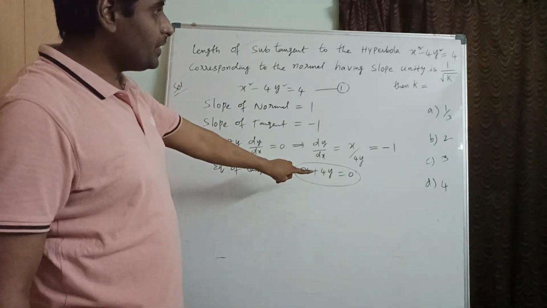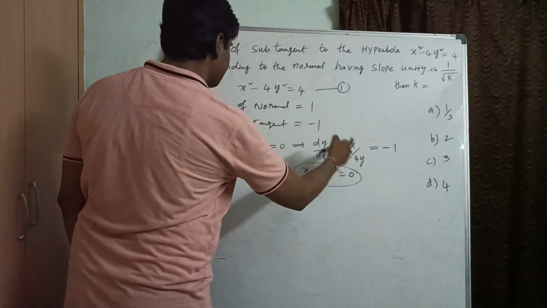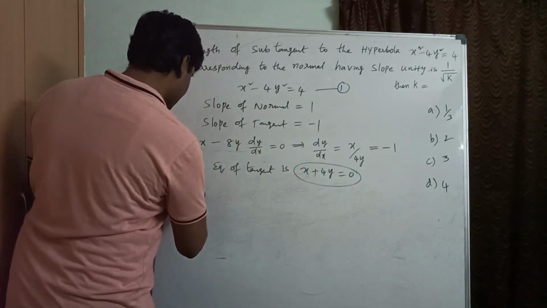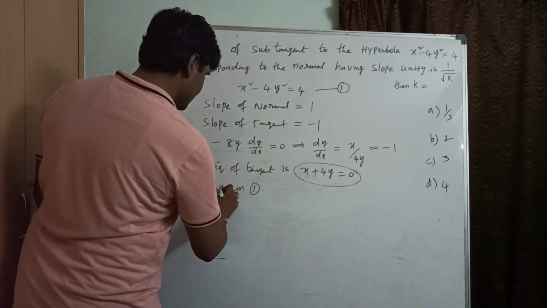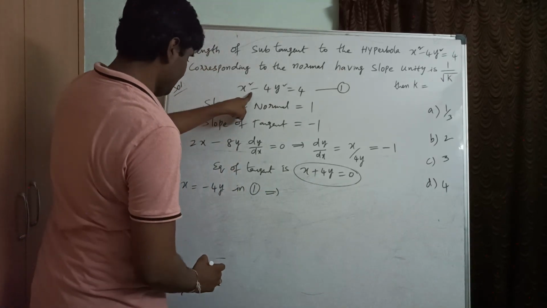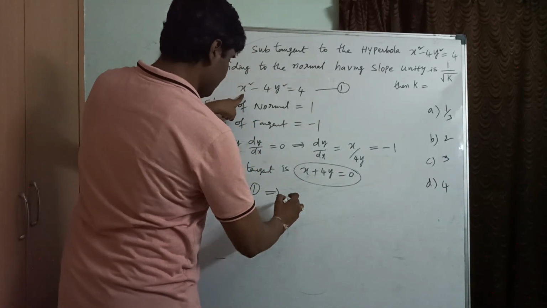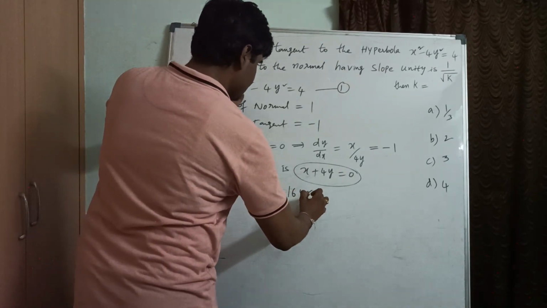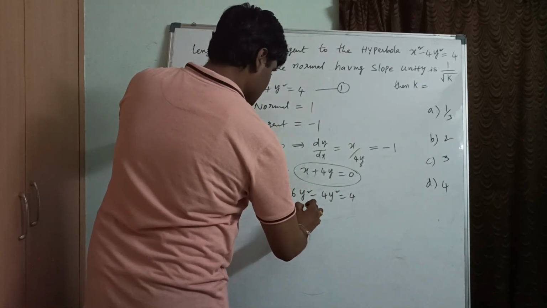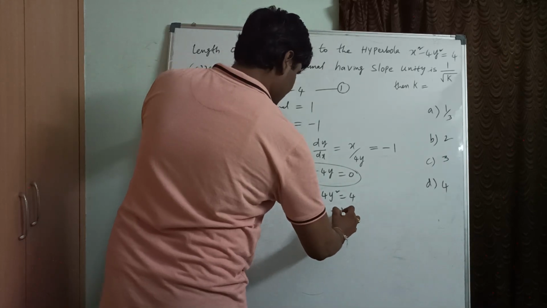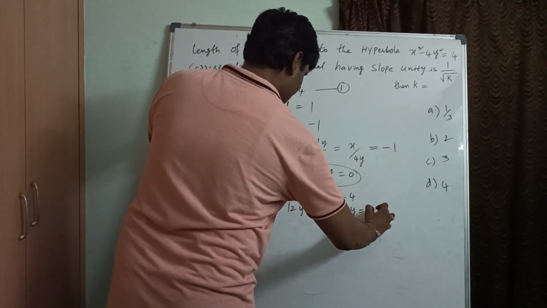Anyway, let us find the point first. X equals minus 4y. Substitute x equals minus 4y in the curve. Minus 4y whole square is 16y square, so 16y square minus 4y square equals 4. So 12y square equals 4, so y equals plus or minus 1 by root 3.